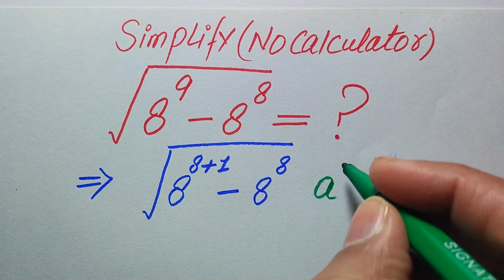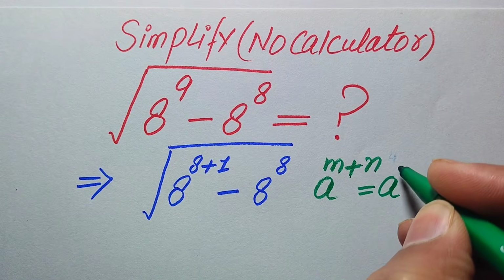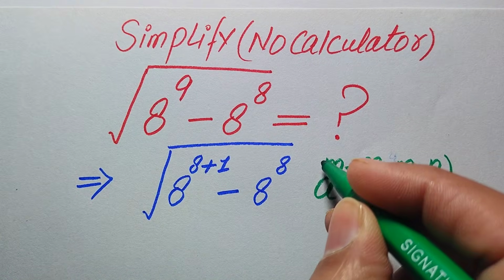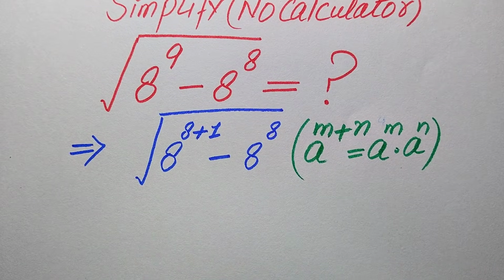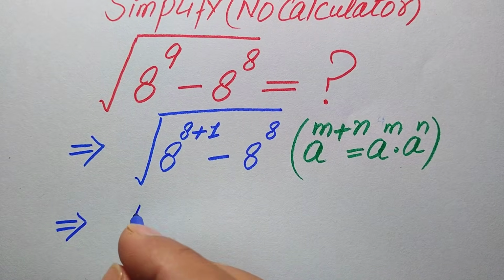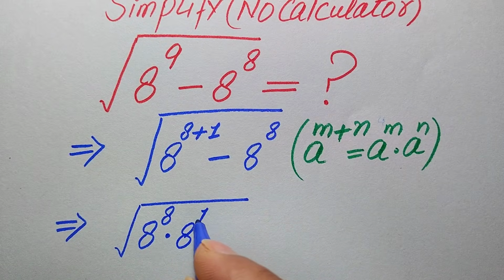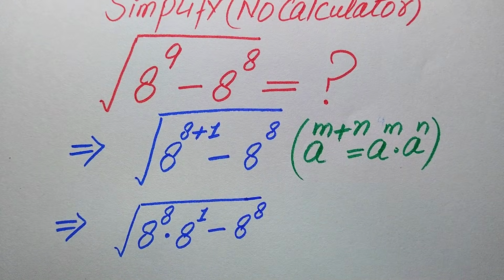You know that a to the power of m plus n is equal to a to the power of m multiplied by a to the power of n. So according to this, we break the exponent of this term, and after breaking the exponent, this will be written as 8 to the power of 8 multiplied by 8 to the power of 1, minus 8 to the power of 8.